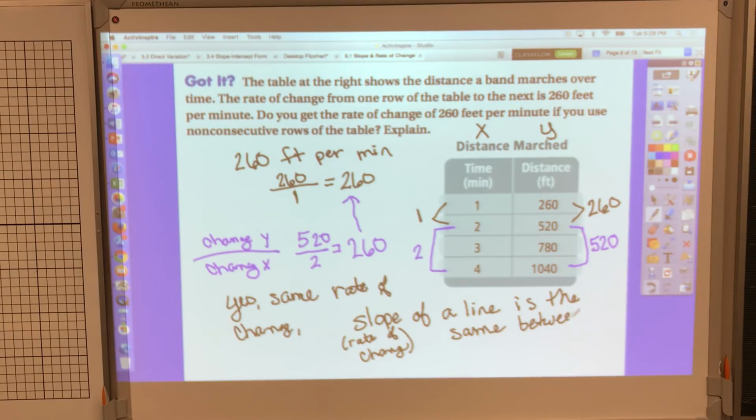And that's the biggest thing, no matter which 2 points you pick, you're going to get the same answer. The first two or the last two, or the first one and the last one, when I do that division, your rate of change is always the same.